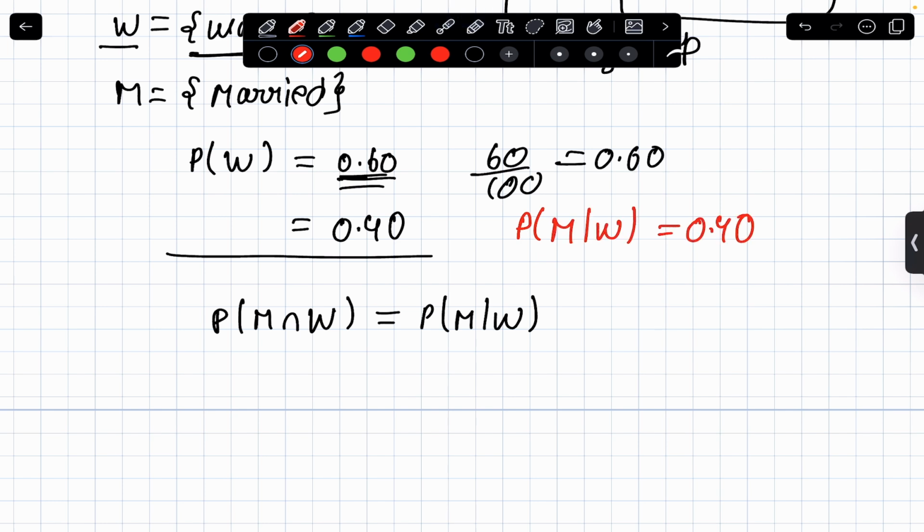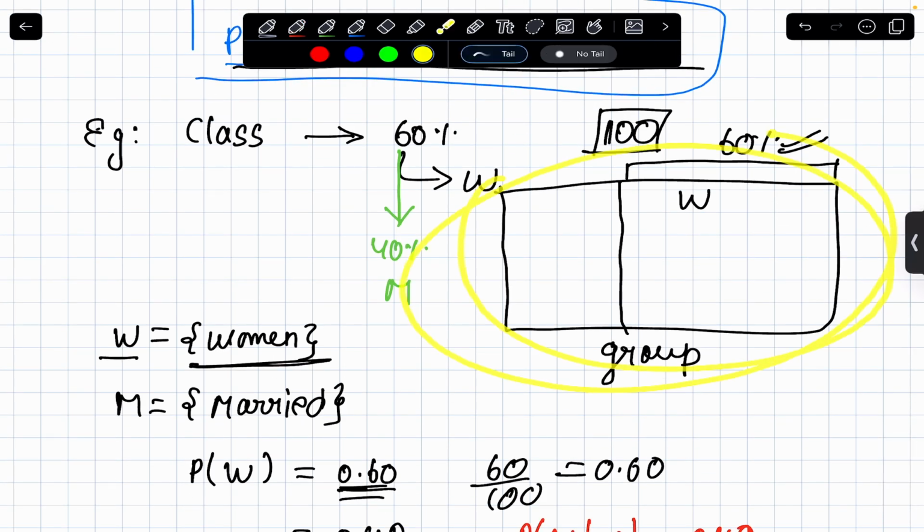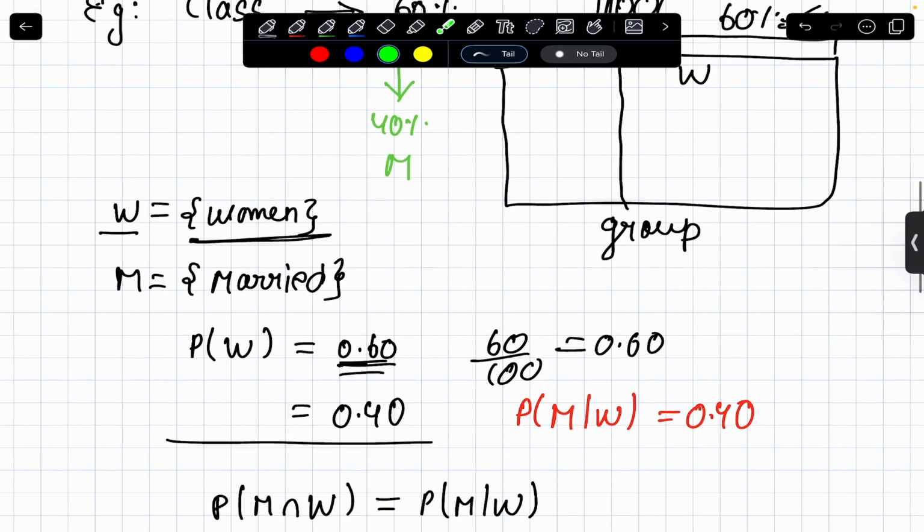Wait, this won't be the probability of married alone. We don't have the probability of married. Sorry, it's my mistake. Because if I say the probability of married, it will be from the whole class. Understand? It would be that the person we are picking from the whole class is married, either a woman or a man. But we are saying that 40% of the 60% are married.